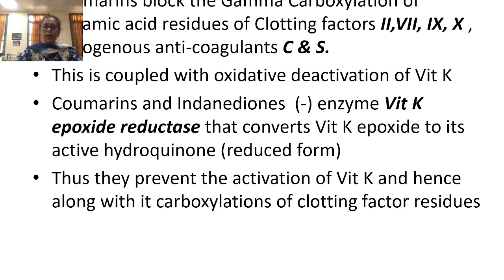This gamma carboxylation of these clotting factors is very important, and this is possible only if there is active vitamin K. This is coupled with oxidative deactivation of vitamin K, because when vitamin K helps in carboxylation of glutamic acid residues of these clotting factors, it is itself oxidized.